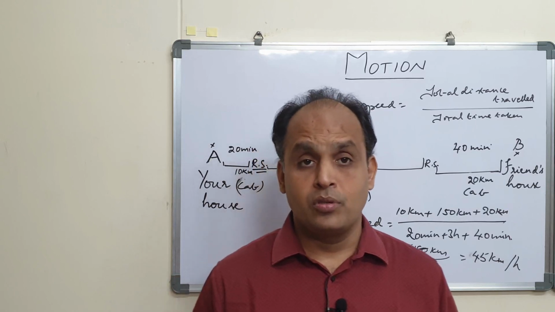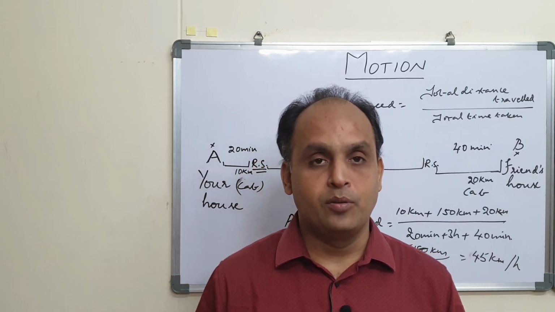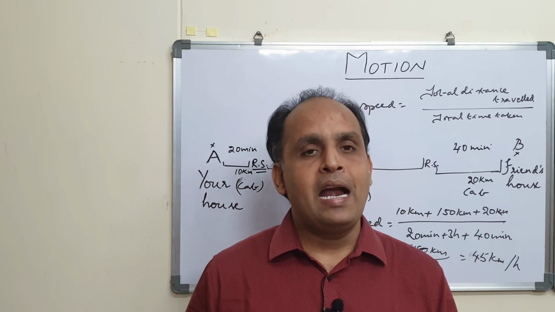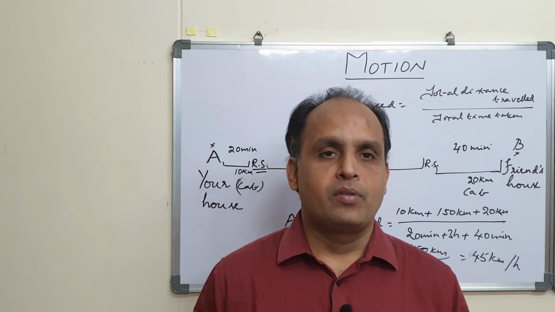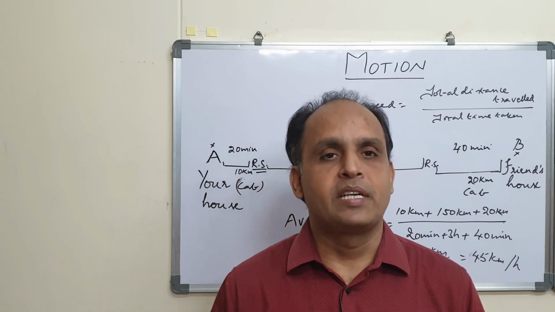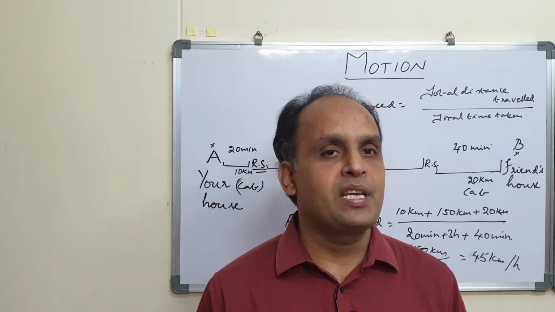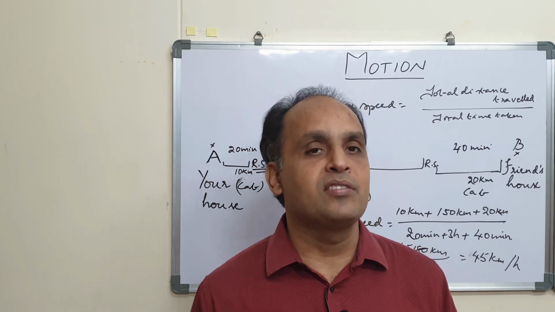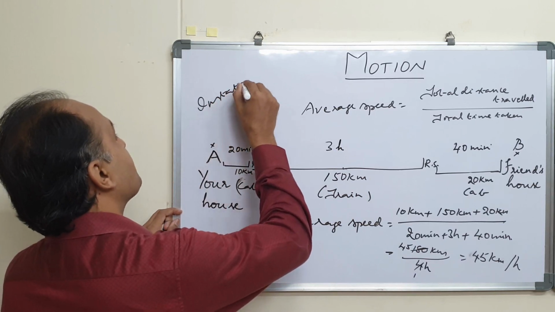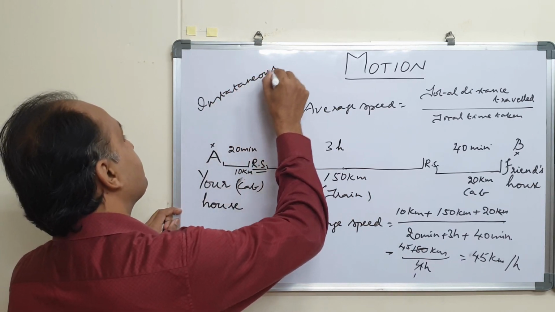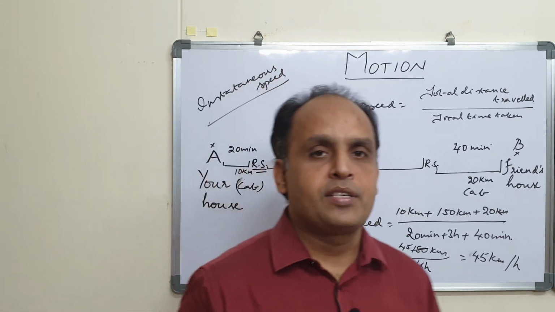But let us suppose you are sitting in the car with the driver beside you, and you look at the speed of the car on the device given there. The speed that you see at that moment or at that instant is what we call instantaneous speed.